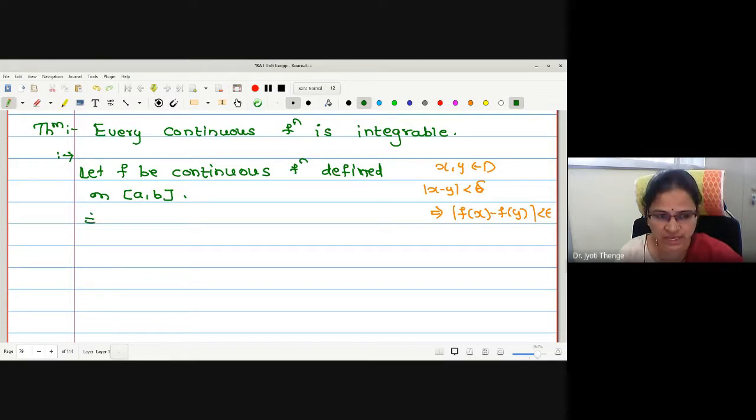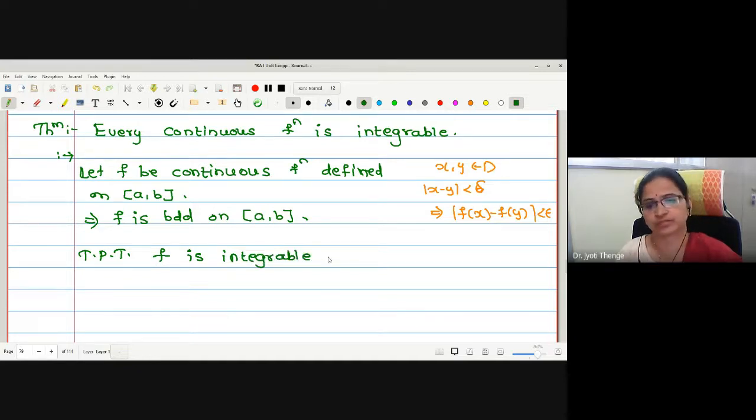Therefore, may I say f is bounded on AB? F is bounded on AB, and the aim is to show that f is integrable. Correct, no? Bounded and continuous we have in our hand, and the job is to show that it is integrable.